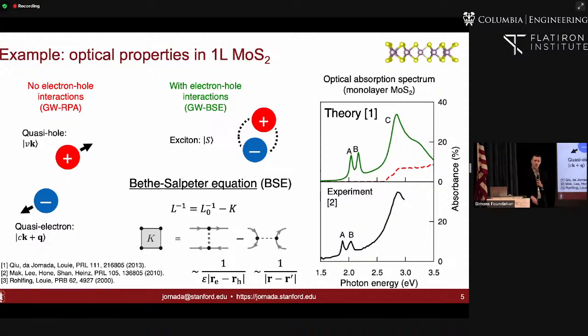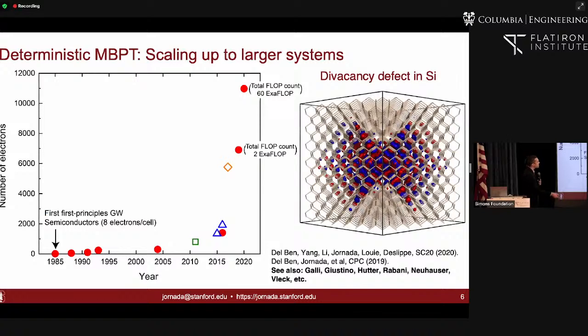So those methods have matured dramatically in the last even 5 years, I would say, not only for the GW calculation, but for the Bethe-Salpeter calculation as well. We can sample monolayer materials, few-layer materials. And also we can tackle systems which are much larger than before.